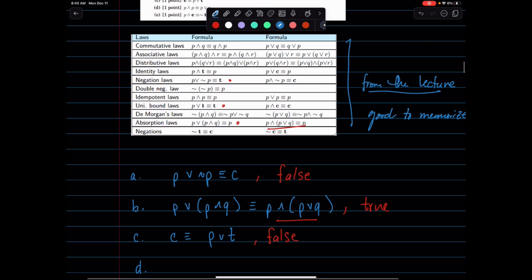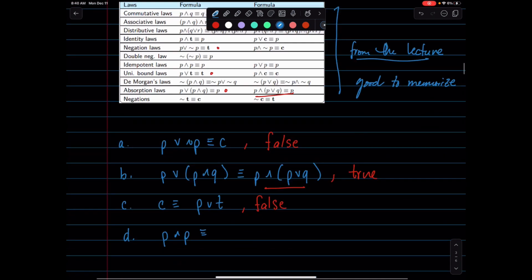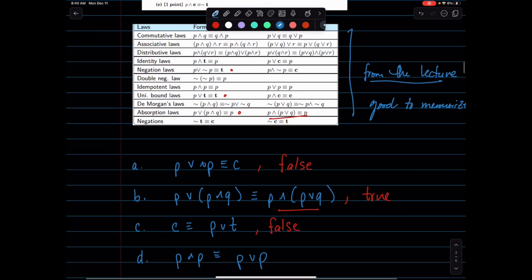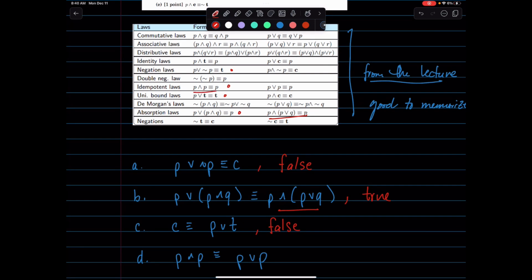D. P and P is equal to P or P. And we see right here that that is indeed the case. P and P is equal to P, and P or P is equal to P as well.